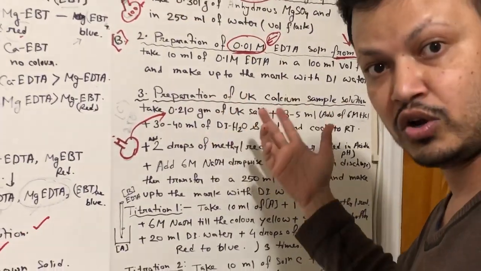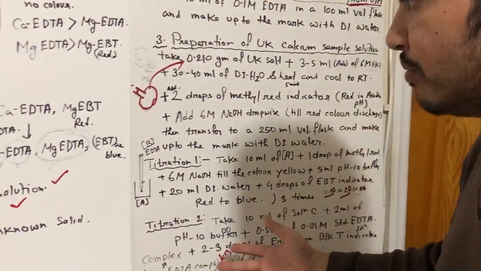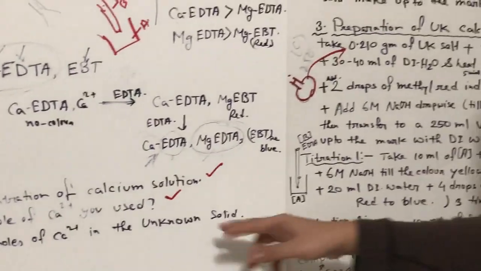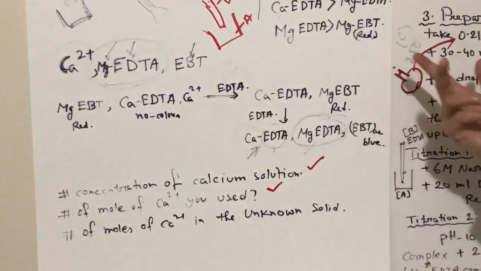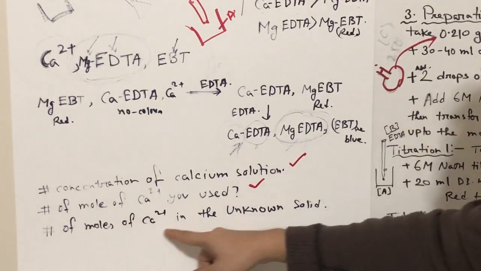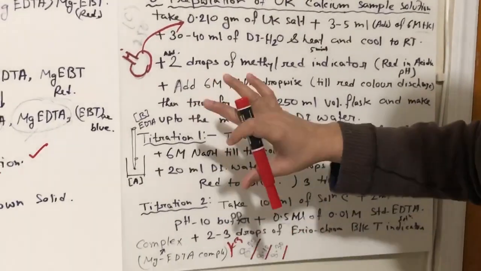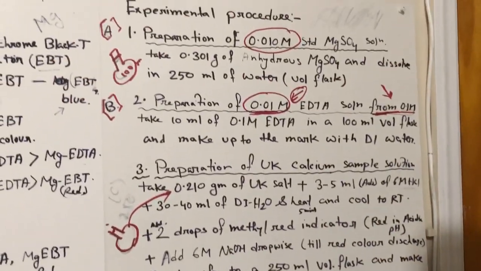So if you know the number of moles of the calcium ion, just multiply by 25 times, then you will get the number of moles of calcium in the unknown solid. So for the calculation and experimental part, everything is done.